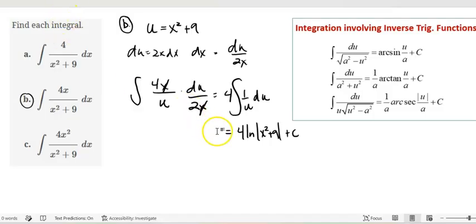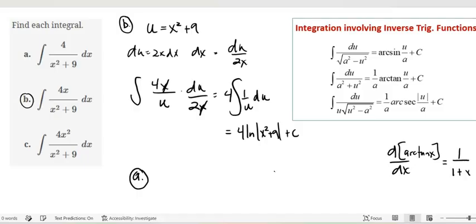Okay, now for the harder ones, look at a. So a is new to us. We started the semester with taking the derivatives of inverse trig, so now we have to go the other way. These should look familiar. Your derivative for arctangent of x is 1 over 1 plus x squared.